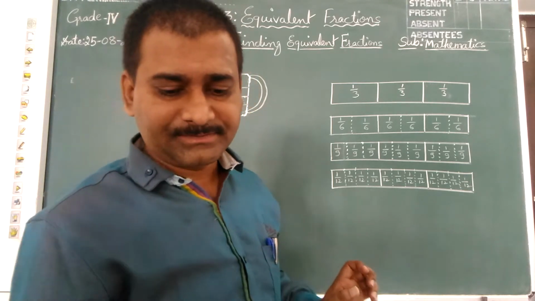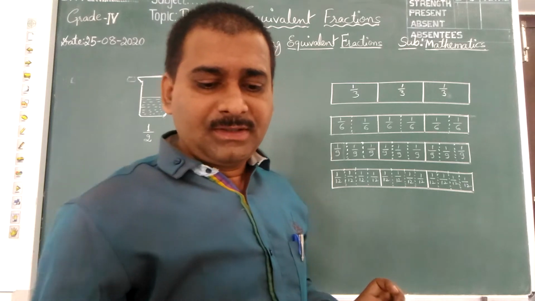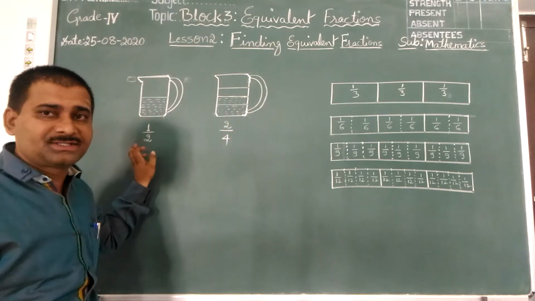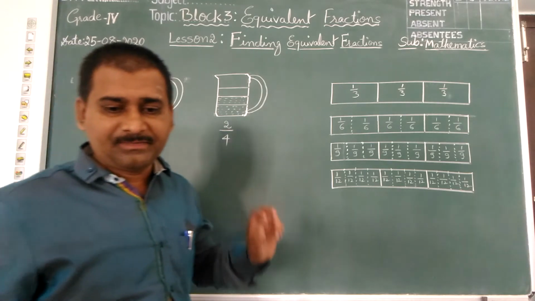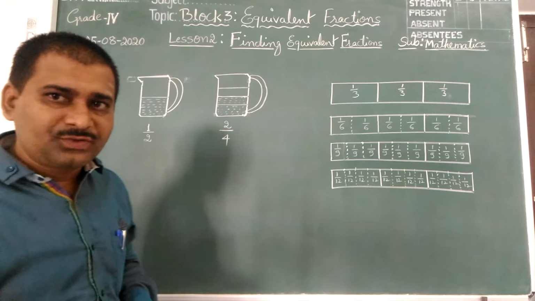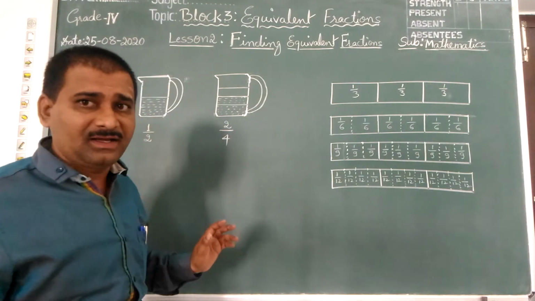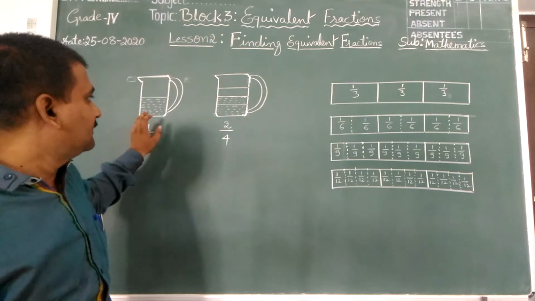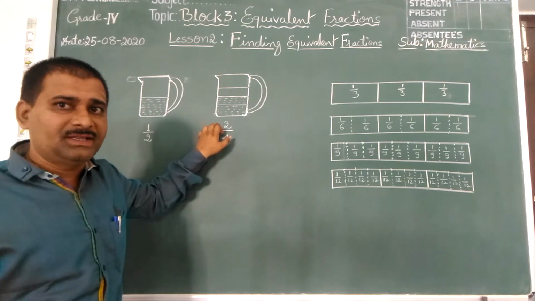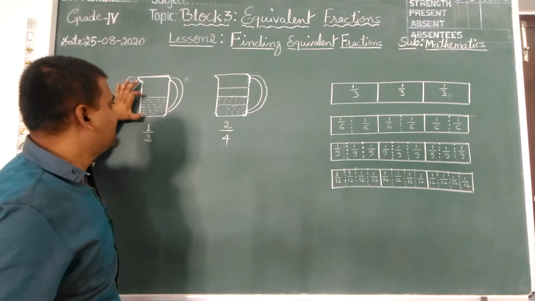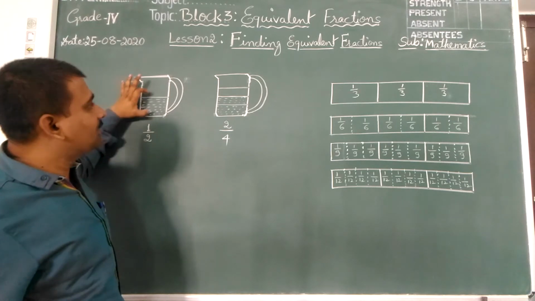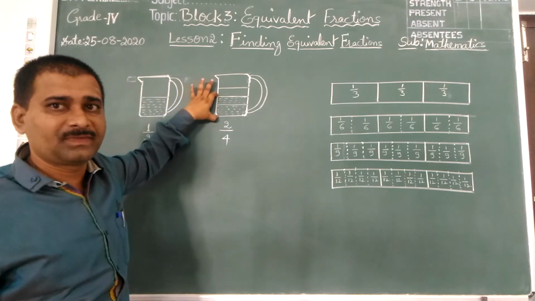So here, fractions which represent the same or equal value. To explain this meaning, I have taken 2 beakers. In the first one, half of the water is filled, and here also half of the water is filled.